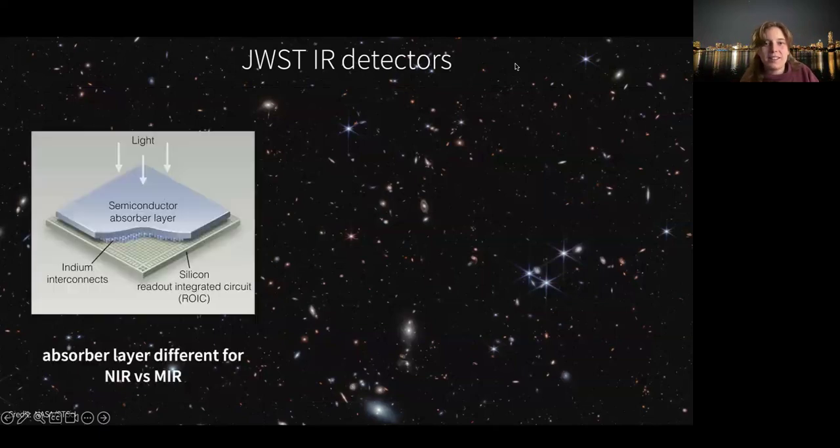Each of them is essentially a layered semiconductor detector, which allows you to translate the incoming light into a current or a sort of charge.